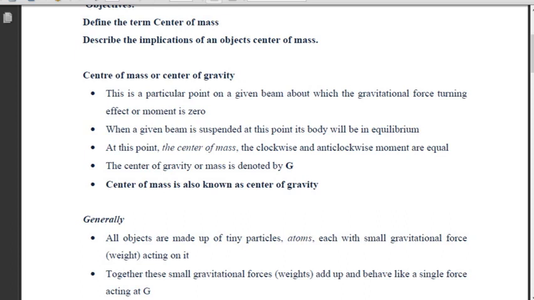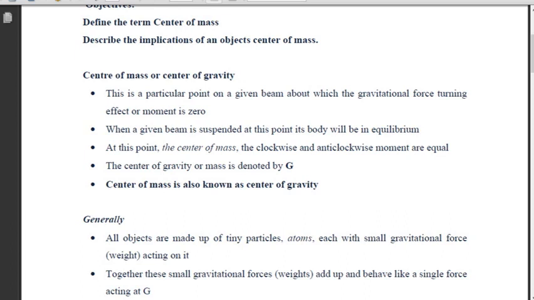Now, the center of mass, where I'm trying to go with this, is that there is a position on every object where, if you were to hold it at that position, the anti-clockwise moments would be equal to the clockwise moments.